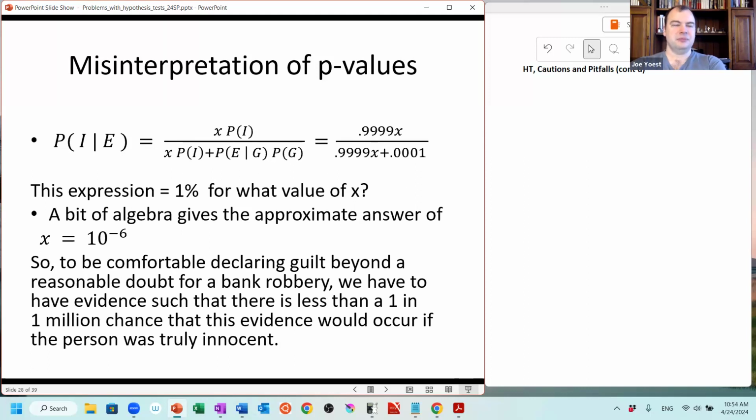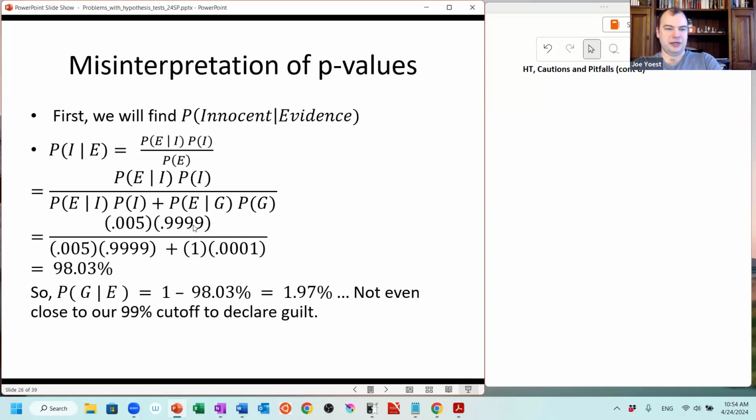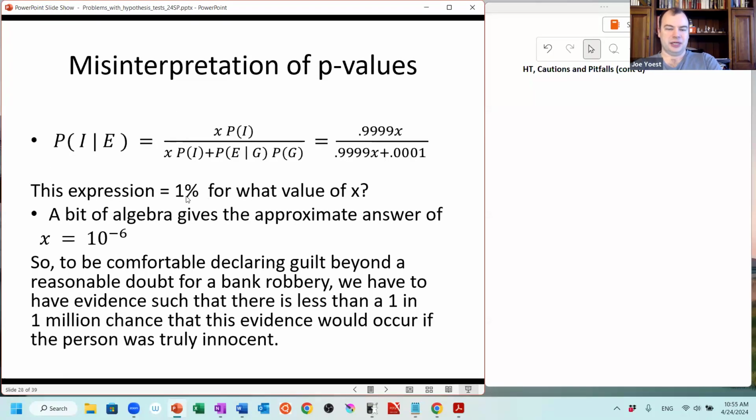And we can plug some numbers in. We can see that if we solve this for x, if we set 0.9999x over 0.9999x plus 0.001, this is the same calculation we have here, but we've just replaced the p-value of 0.005 by x. And we're going to say, when is this 1%?